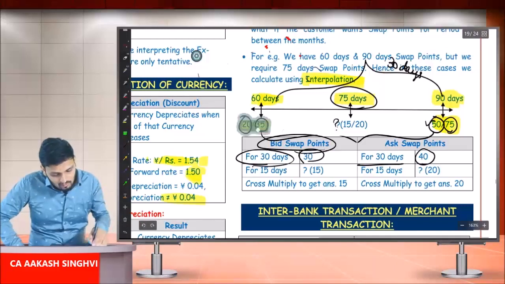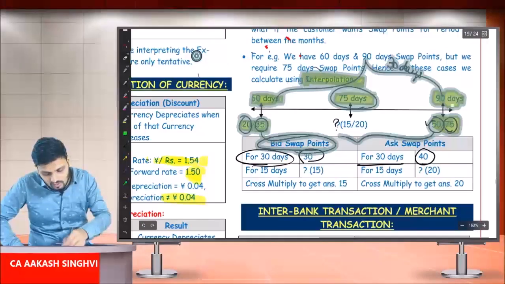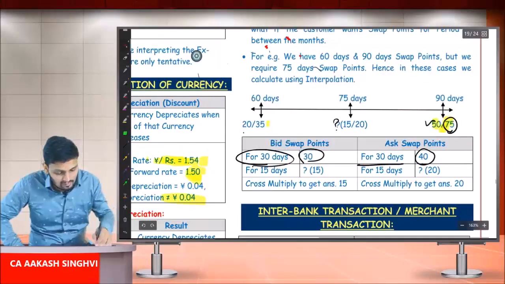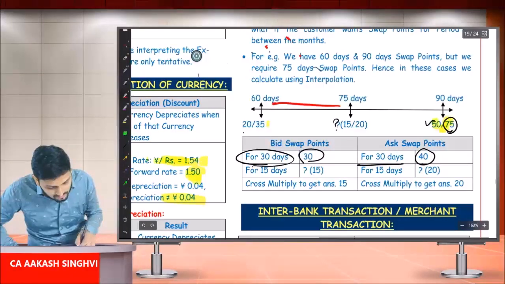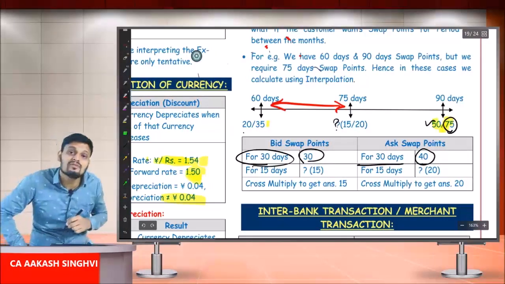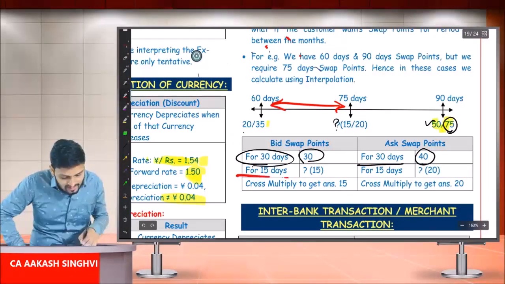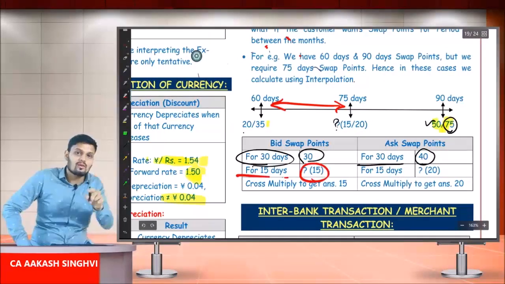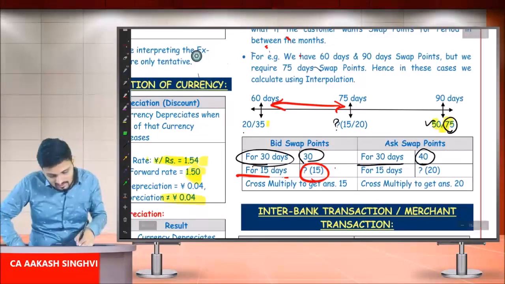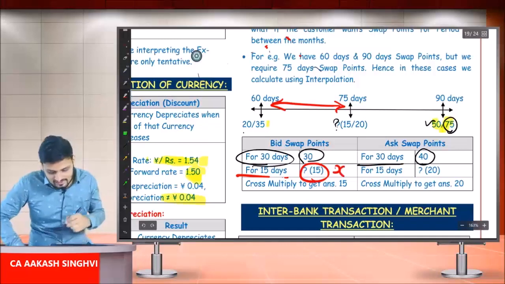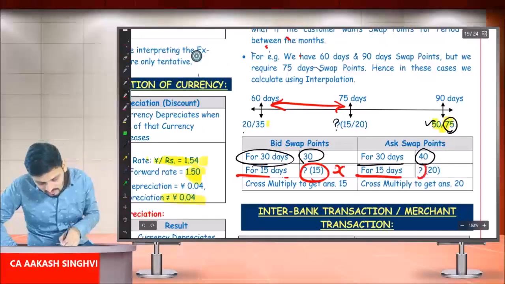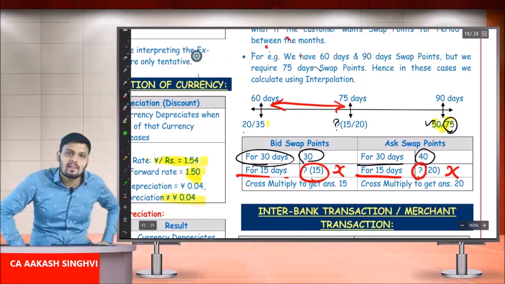What do we want to compute? We want to compute not for 30 days, we want only for this period, that is 15 days. So for 15 days, the question mark is nothing but x, and the same way here also, for 15 days, the question mark is x.